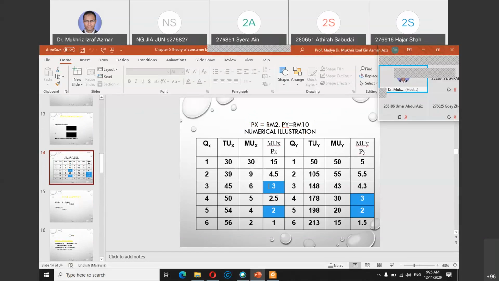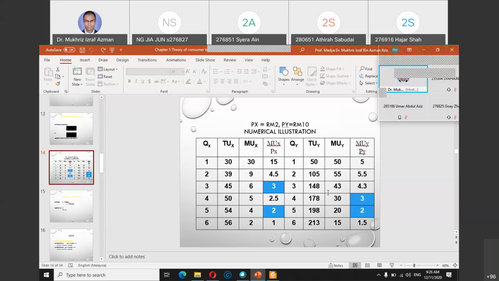When the ratio is equal to 3, the consumer will consume 3x and 4y. Another combination is when the consumer consumes 5x and 5y, when the ratio is equal to 2. So MUx over Px, MUy over Py equals 2, or equals 3.